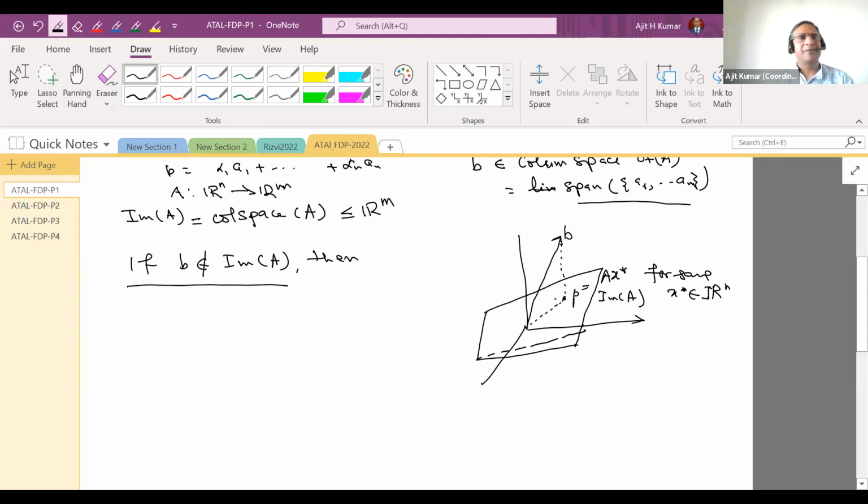And what will be P? P also has some name. Can somebody tell? What is P called? You can unmute and tell. Any of you? Foot of P, sir. Foot of what? P is a point, so what do you mean by foot of P? P has got some name.